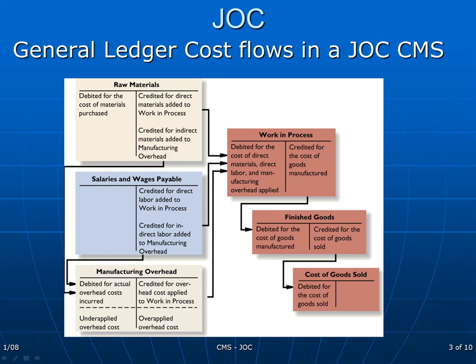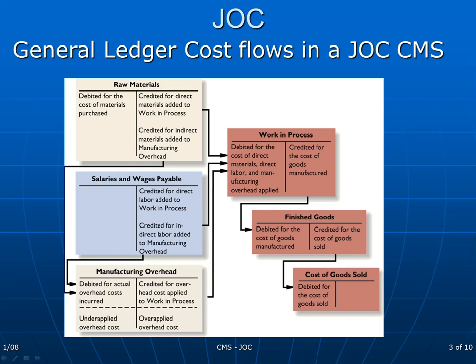So make sure that you understand the implication of underallocated or overallocated manufacturing overhead. So for example, let's assume that we have underallocated manufacturing overhead costs in our manufacturing overhead account. Does that mean that we overcosted or undercosted production with respect to manufacturing overhead?